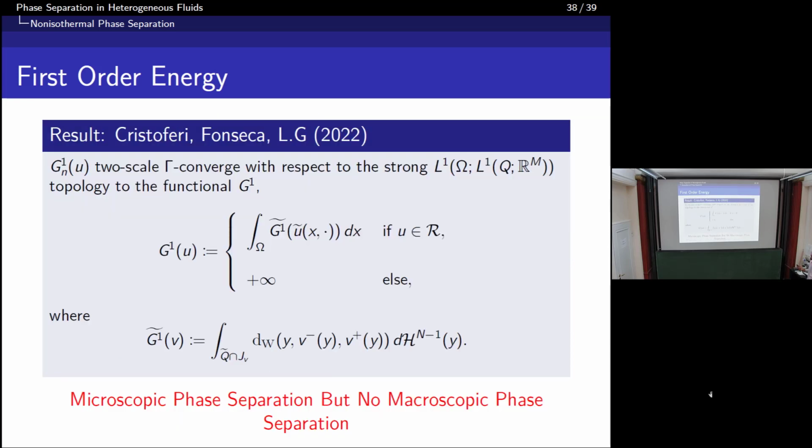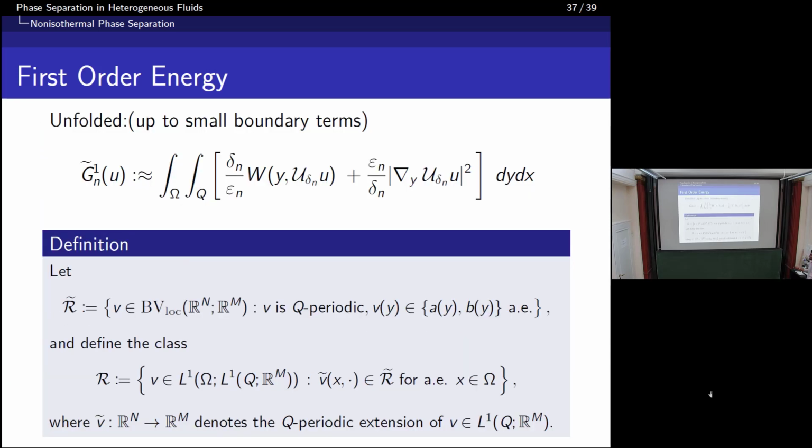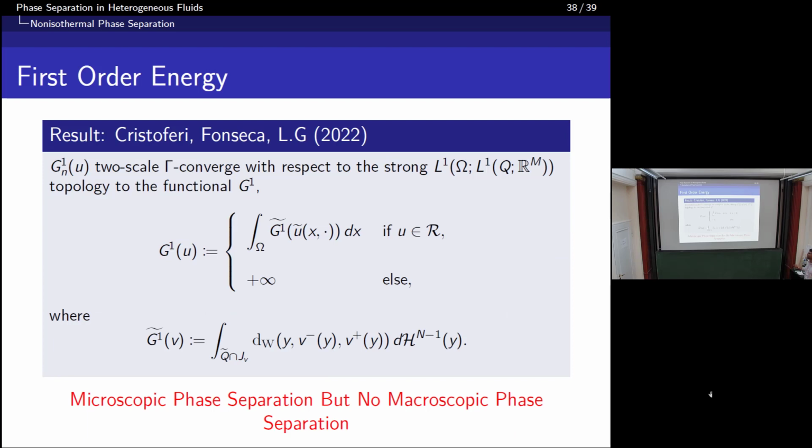And so you can prove the usual theorems, that this is converging strongly in two-scale to something which is only a function of y, and you get a gamma limit where the critical thing is that there is this volume energy, so it is a volume integral over all your microscopic interfaces.